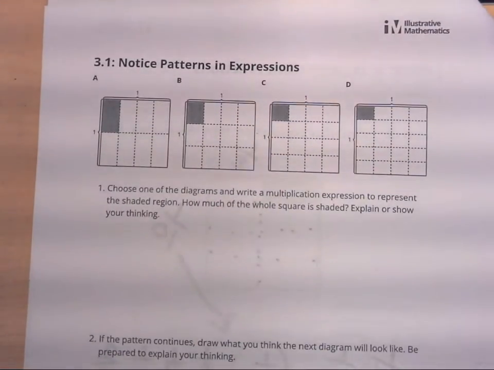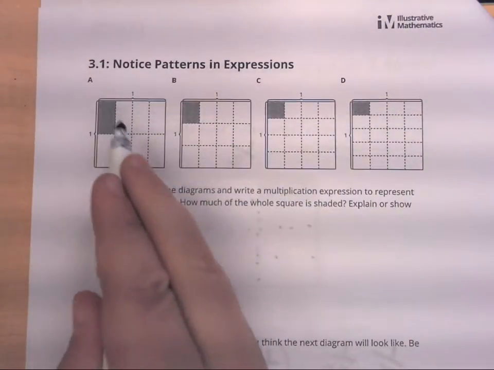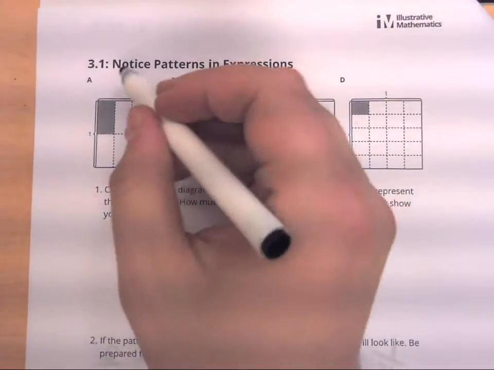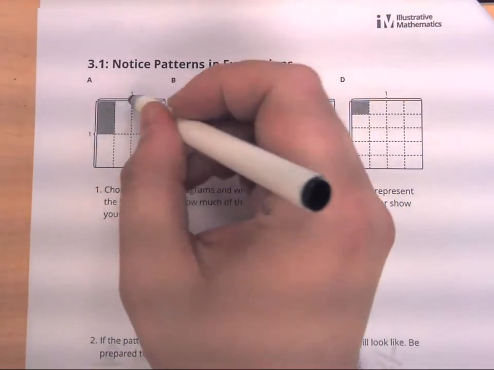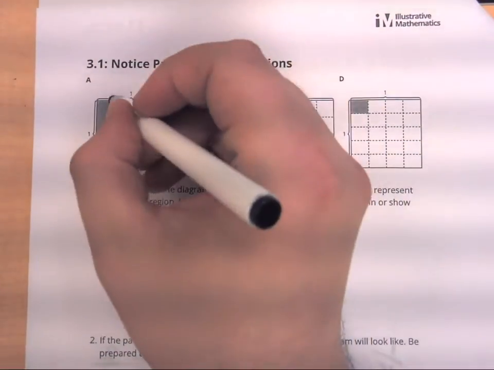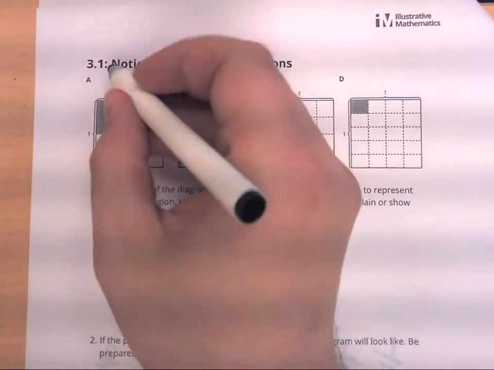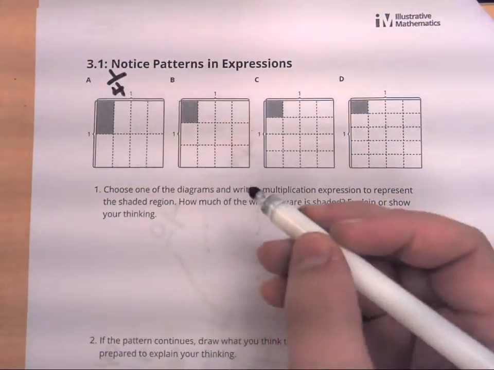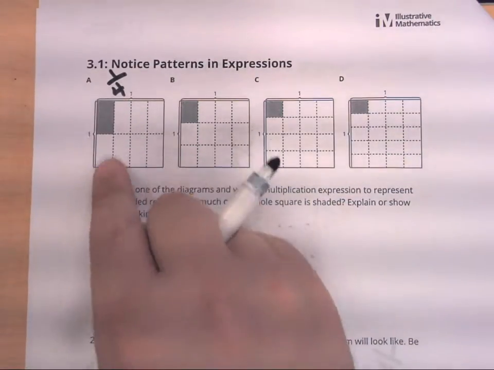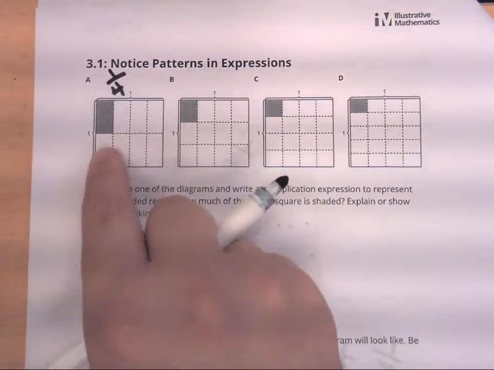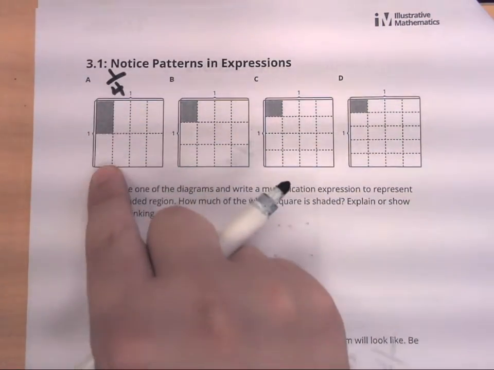So looking at the first diagram here labeled A, going across this side here, we see it's been divided into fourths. So this side length could be thought of as a fourth. And then going down the adjacent side length, we see that the fourths have been divided into two.